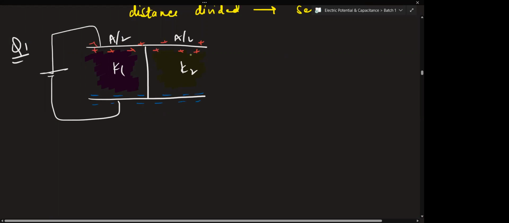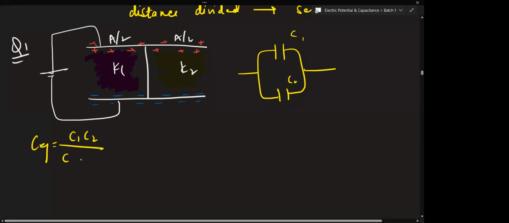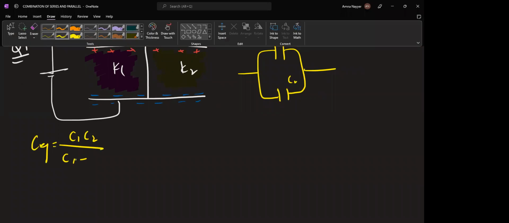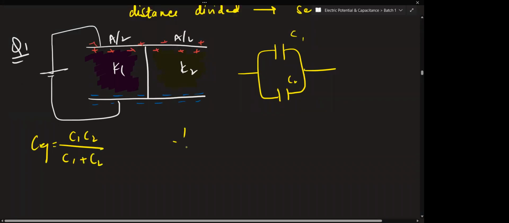So it's like you have two capacitors, C1 and C2, connected in parallel. So if they are connected in parallel, C equivalent is given by what?